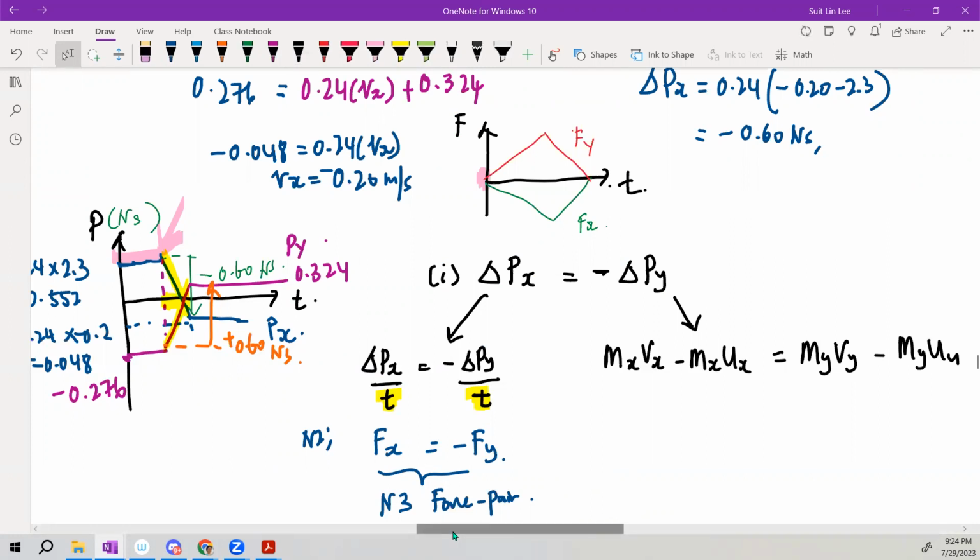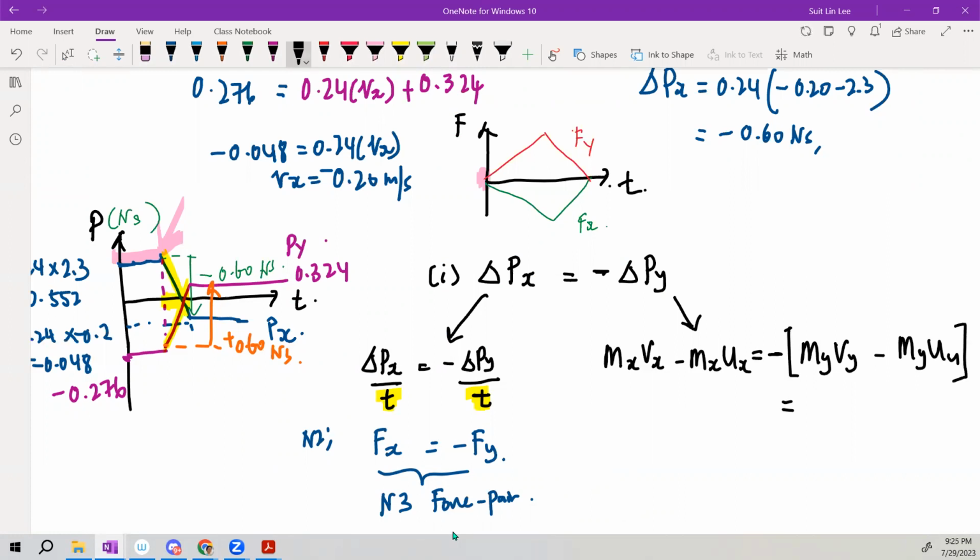Normally, we don't see it in this form. We will normally put all the u's together and the v's together. So I am going to take all the u's and put them together. Oh wait, there's a negative sign. Hang on. Negative here. Okay, so mx ux goes to one side and becomes positive. Negative, negative becomes positive.